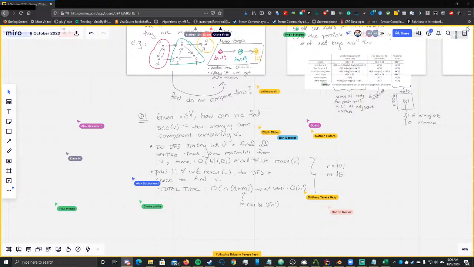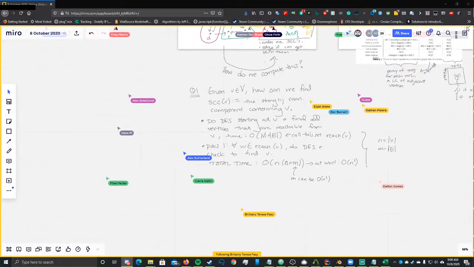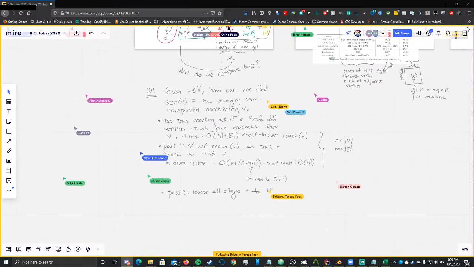It might not be the best. So the other option, I guess I can put this here too. There's 2. Would be to reverse all edges and do depth first search from V. I guess we can call this reverse depth first search in case we ever need it again.